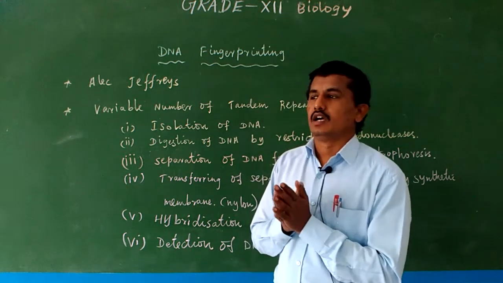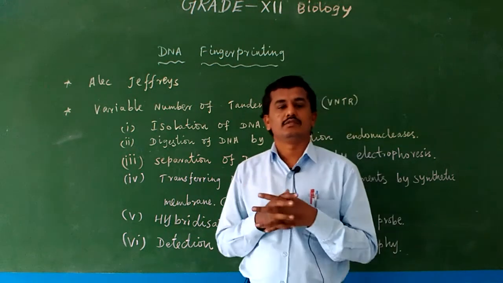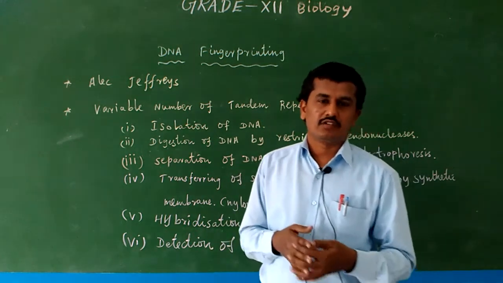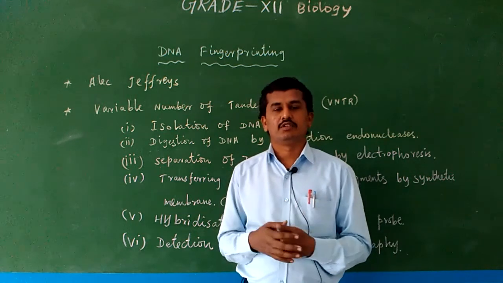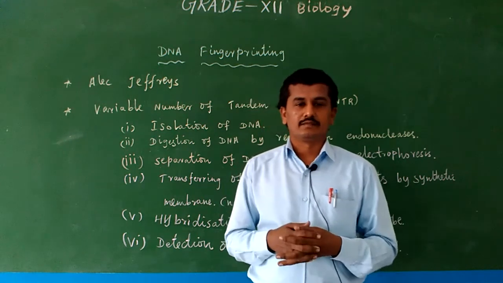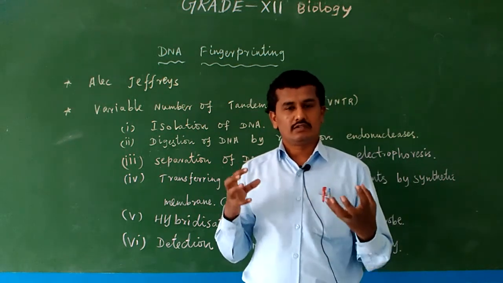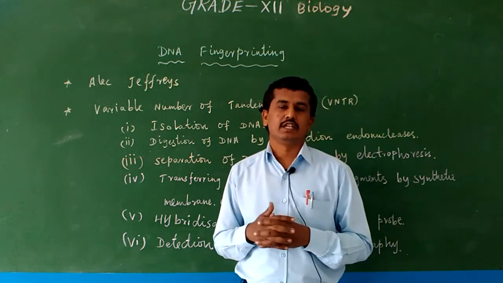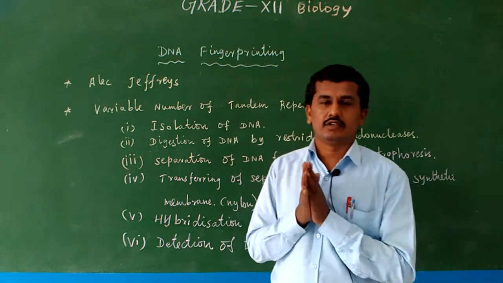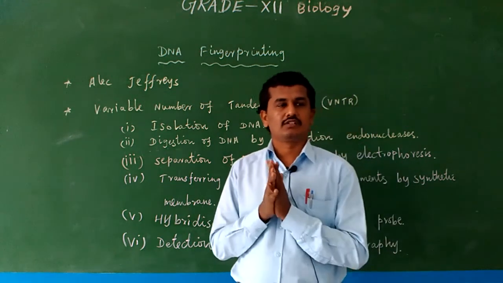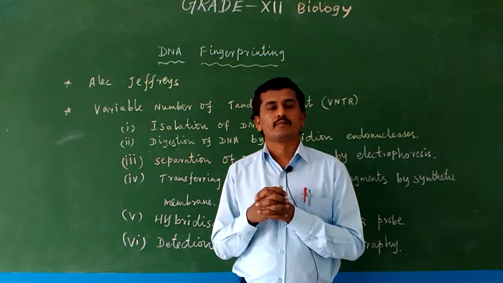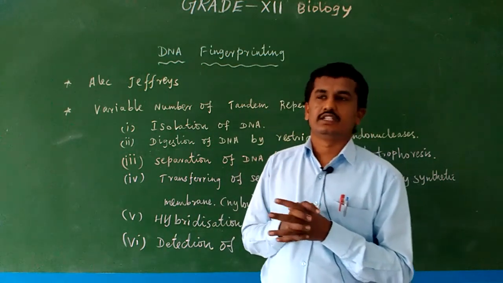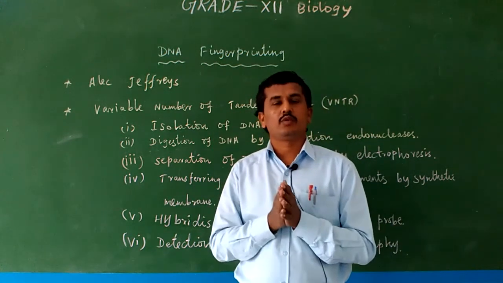You take plant material or animal material or forensic science material, blood or saliva or anything. I will give a simple isolation of DNA. We take a small piece of fruit, for example banana, and add a small amount of detergent solution. Detergent solution means soap oil.